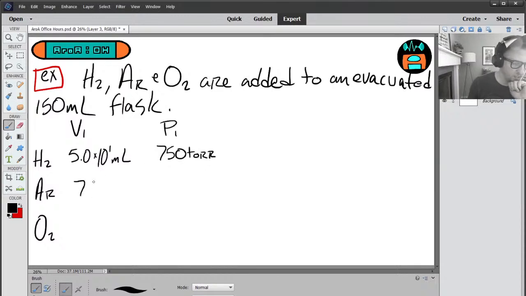Argon was stored in a 75 milliliter flask with a pressure of 450.